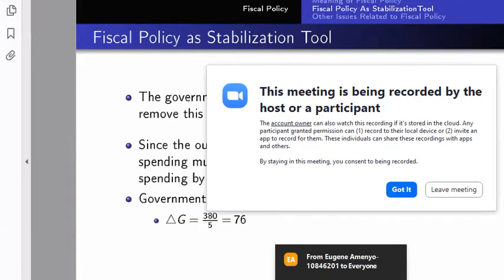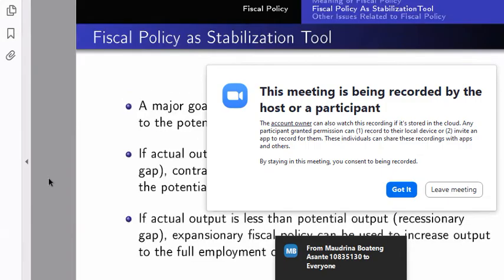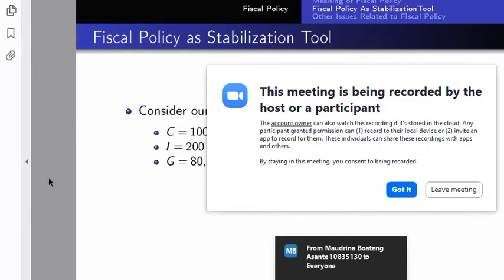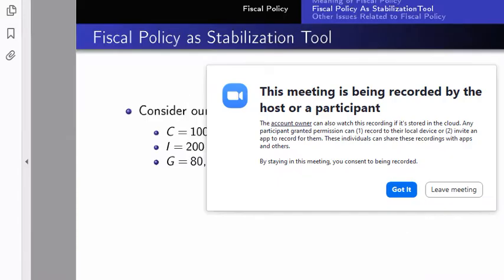But the multiplier, is it a constant? The multiplier is from the formula we use: 1 over 1 minus B, where B is 0.8.